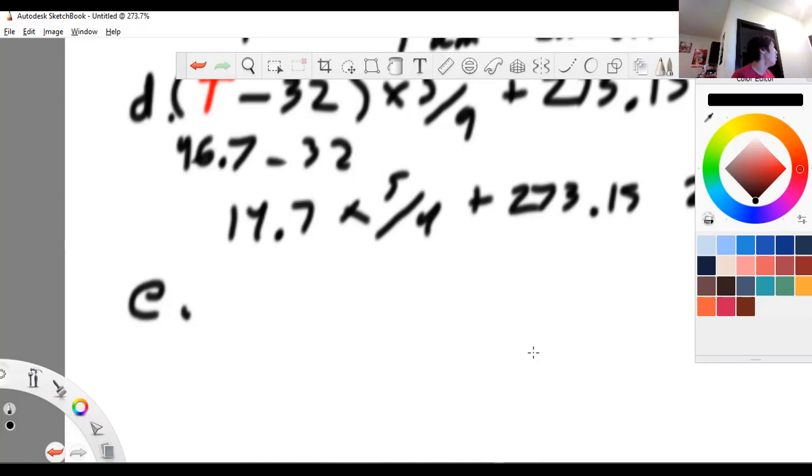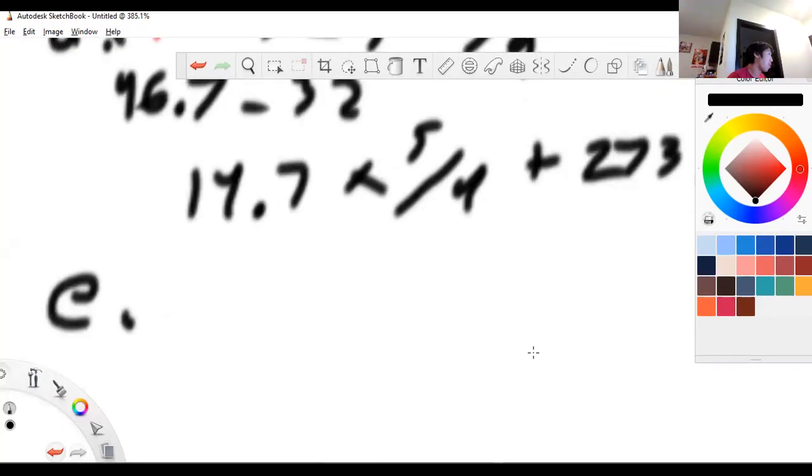First thing we have to do is find the molar mass of carbon dioxide.